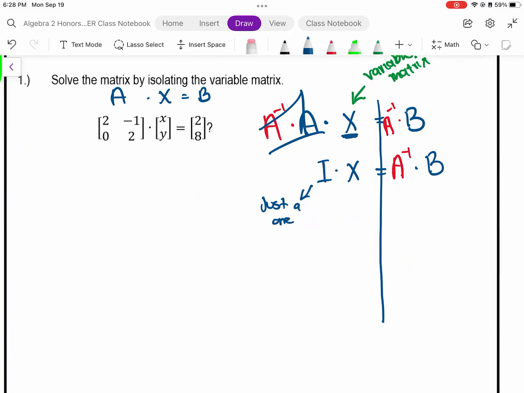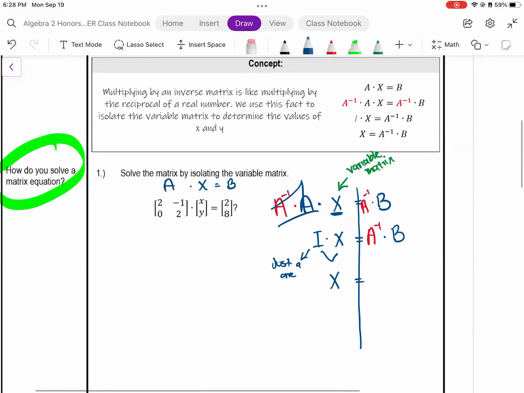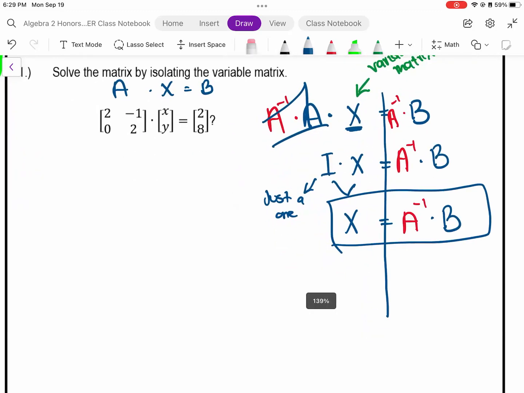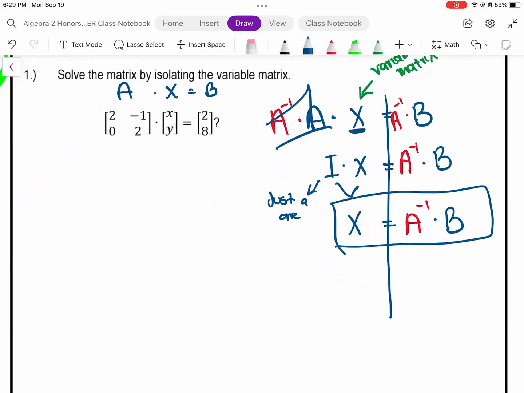It just becomes itself. So technically, the identity times X is just equal to X. Now all you have to do is figure out what the inverse matrix of A times B is equal to, and that will give you the answer. In essence, that's what we're going to be doing to solve this variable matrix, and this is the process that I want you to understand algebraically.